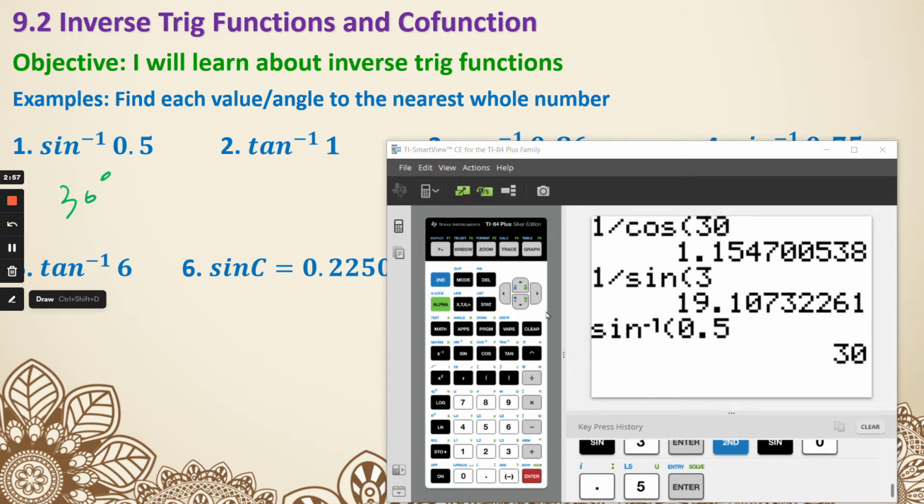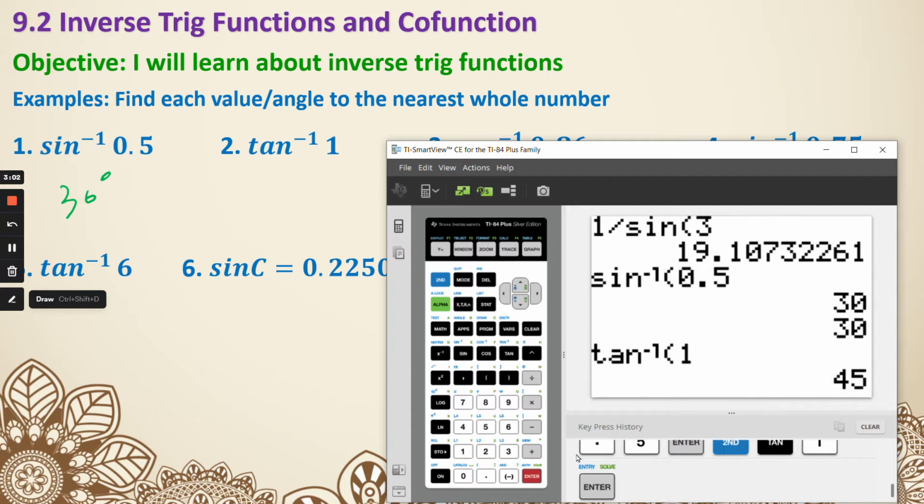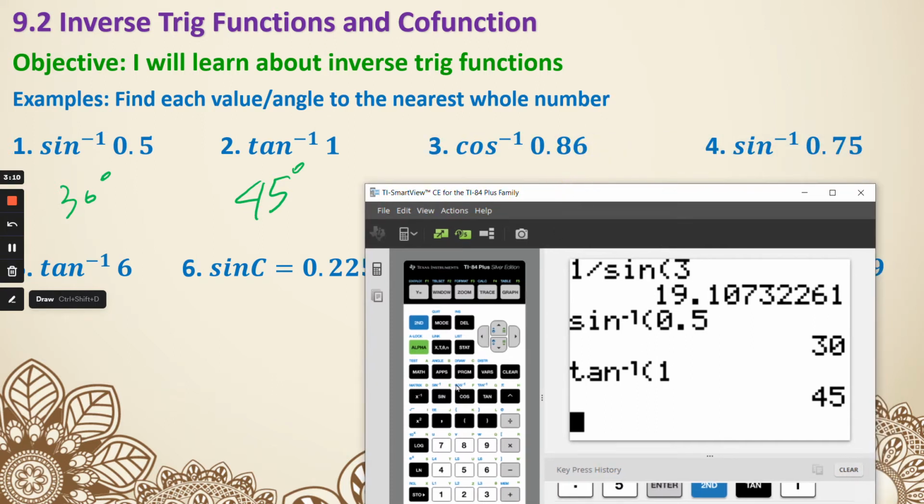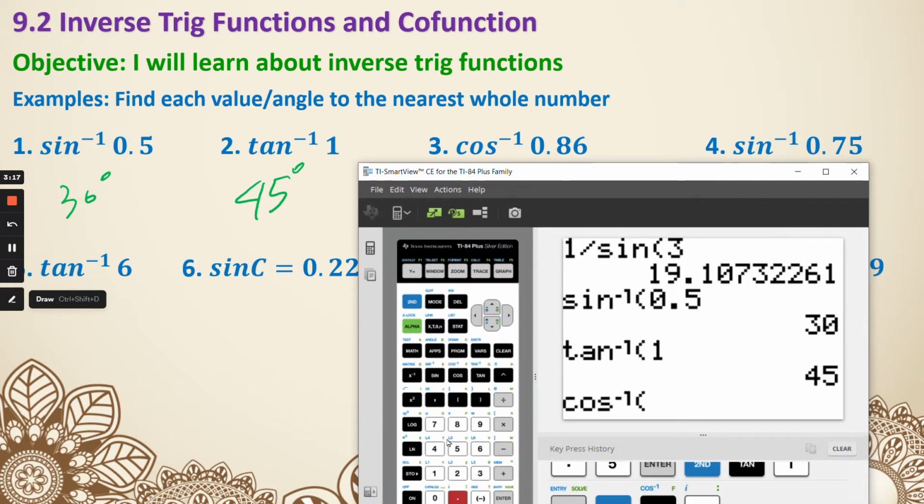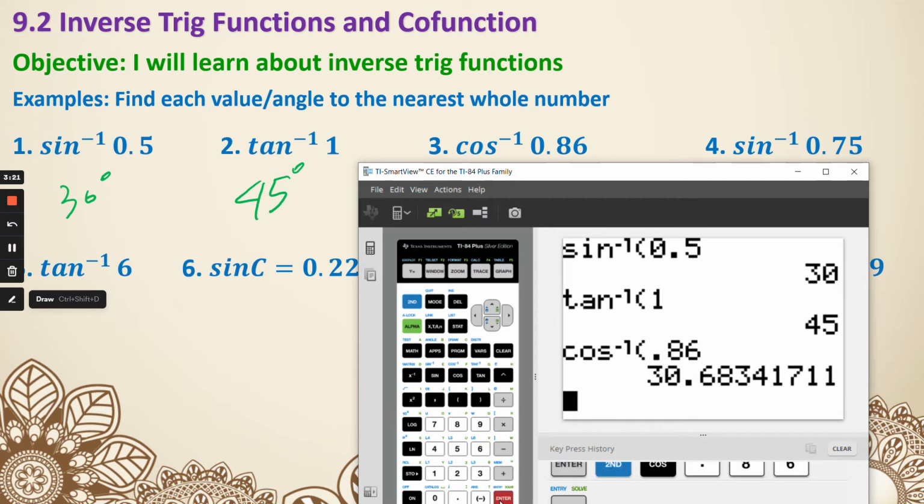Next, number 2, the inverse of tangent of 1. So that's going to be 45 degrees. And number 3, which is arc cosine 0.86. That's going to give us 31 degrees. We're going to do the same thing with the last one.